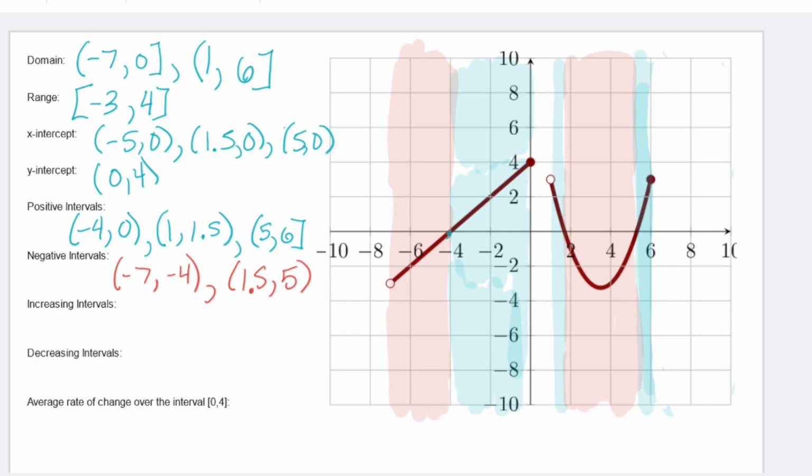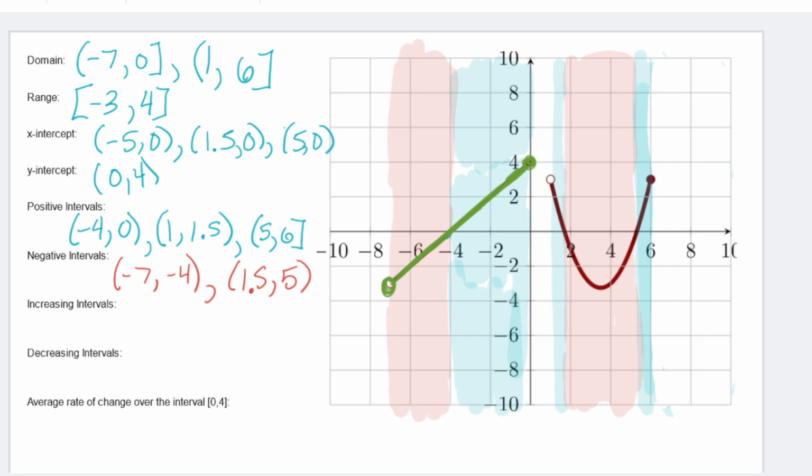Alrighty, so now we're going to talk about increasing. Remember, increasing means to go uphill. So I'm looking for the pieces of my graph that are going uphill as I go from left to right. If I start at this endpoint, you can see this section that I shaded in green is all going uphill.